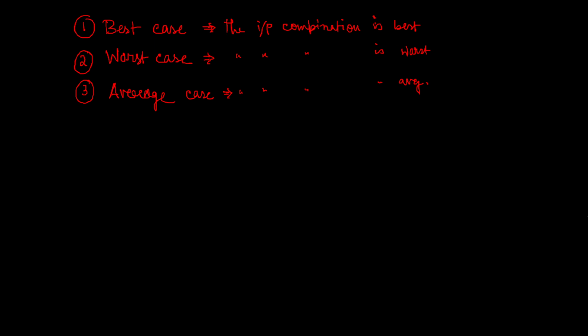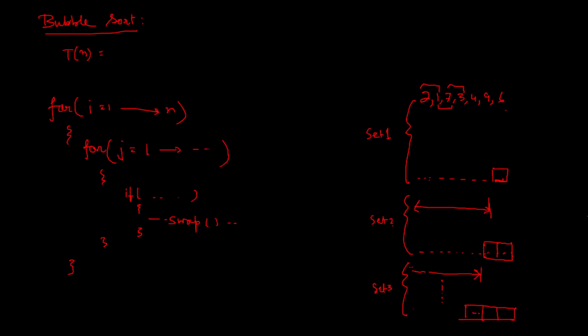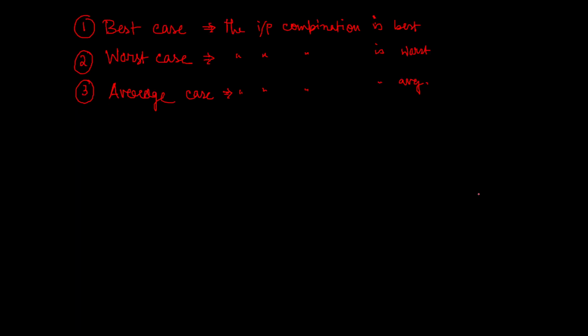So we not only consider the best case, we also consider the worst case scenario. Depending on our requirement, we check the time complexity for a worst case input and for a best case input. Generally we always consider the worst case.